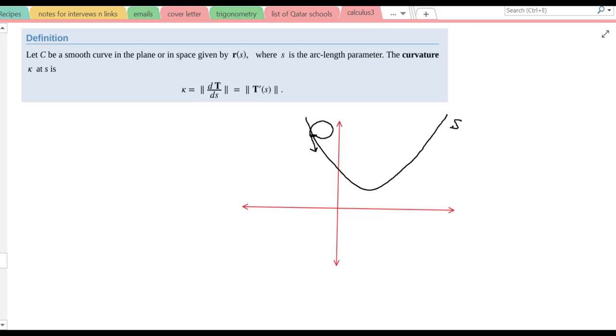So at every point we have a circle defined by the tangent vector, with a radius r, and at every point this tangent will change.